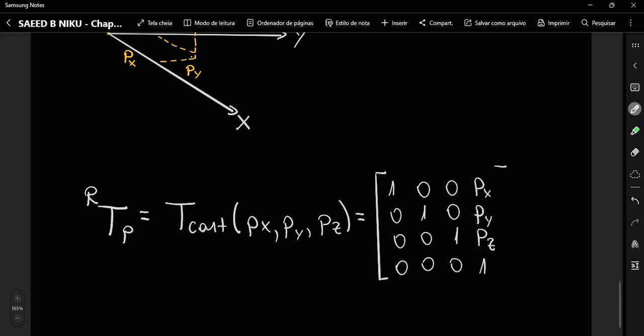Okay, so that is a characteristic matrix of a simple translation.